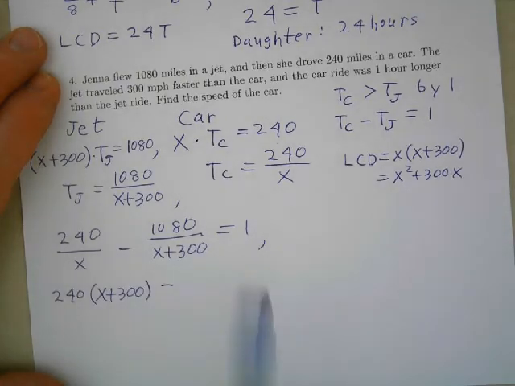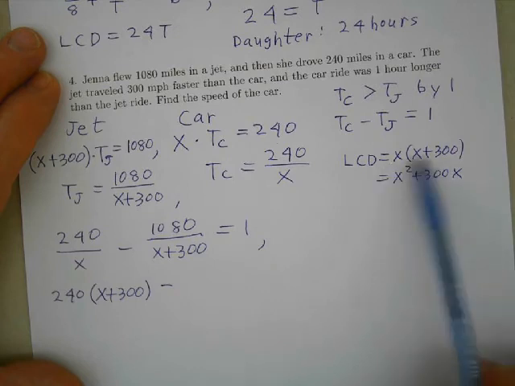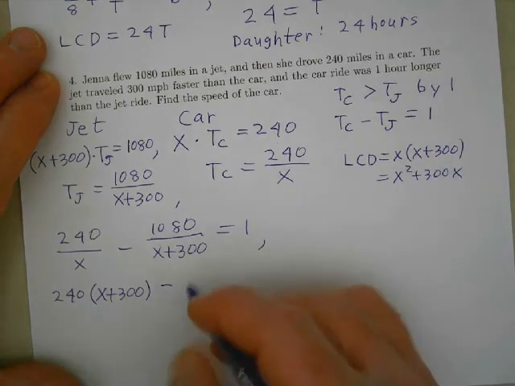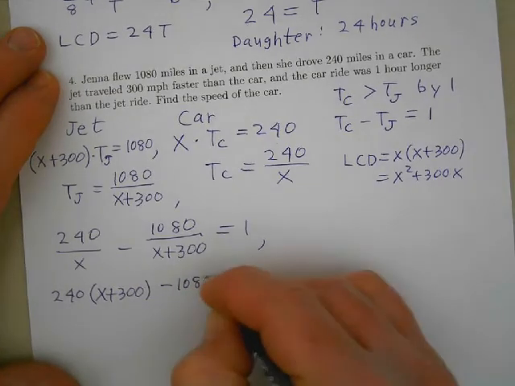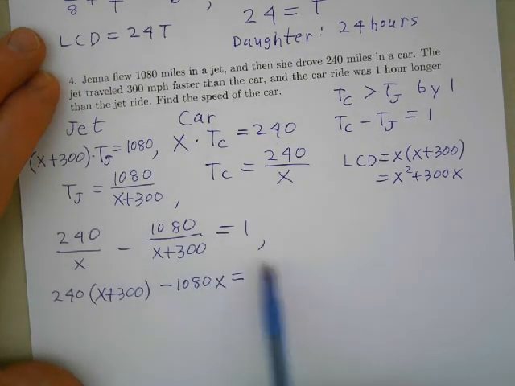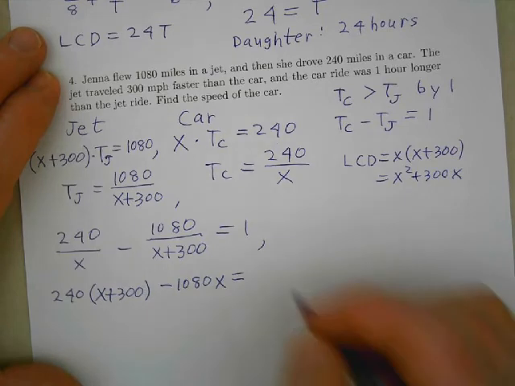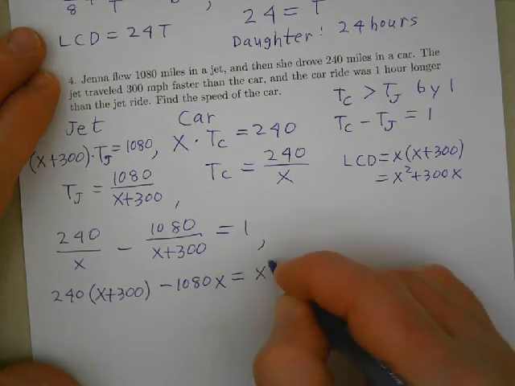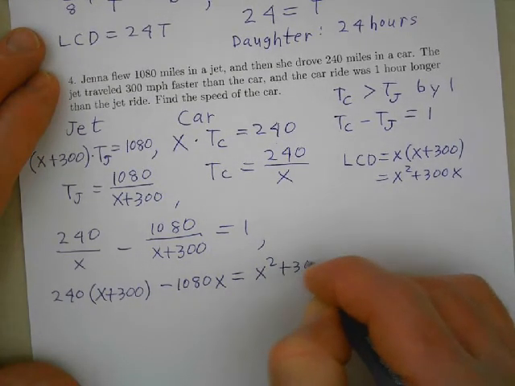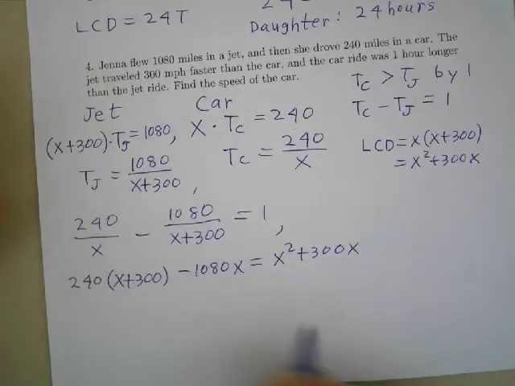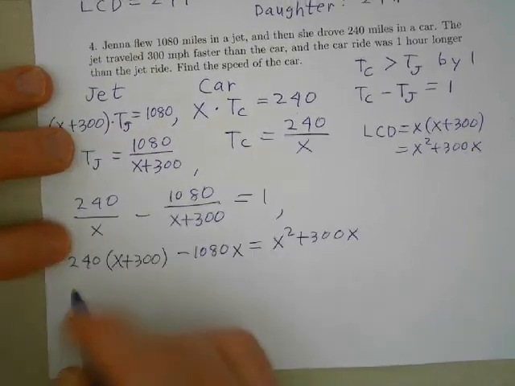When we multiply 1080 over x plus 300 by the least common denominator, the x plus 300 factors cancel, so we just have minus 1080x. On the right-hand side, 1 times the least common denominator is x squared plus 300x.